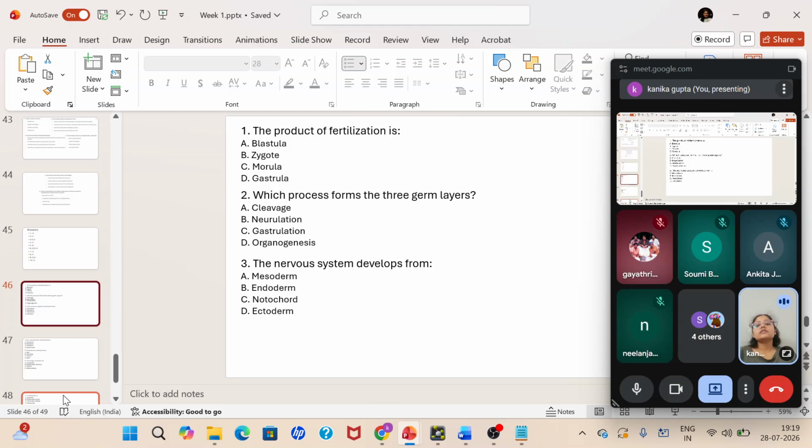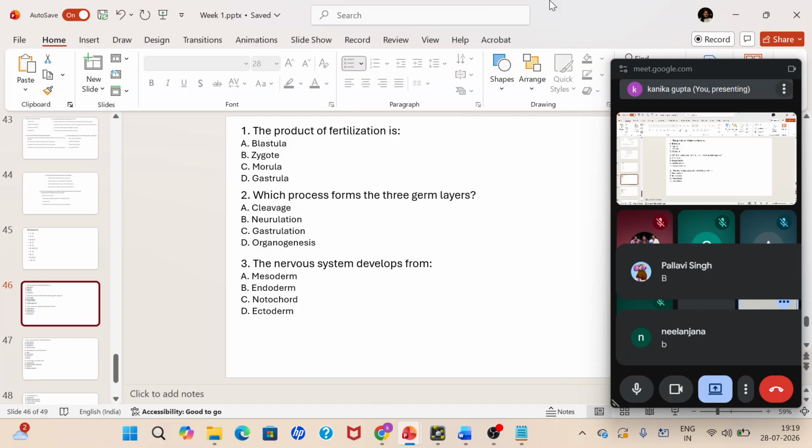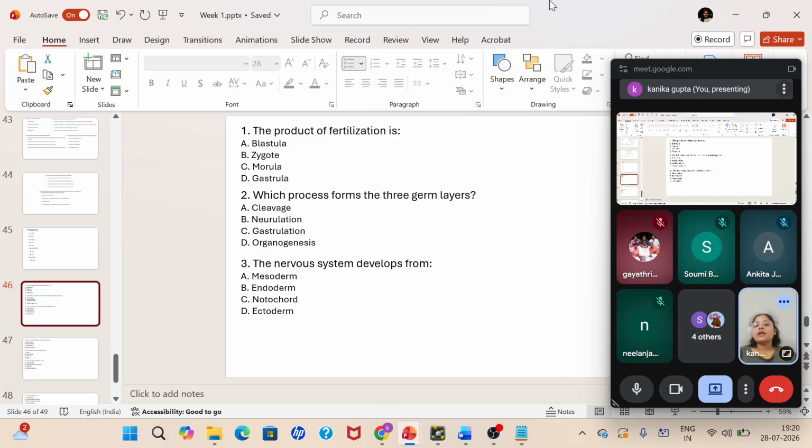So the first question is, the product of fertilization is called what? I've been using that term more often in the lecture. Perfect. Yes, the answer is zygote. Next question, which process forms the three germ layers?